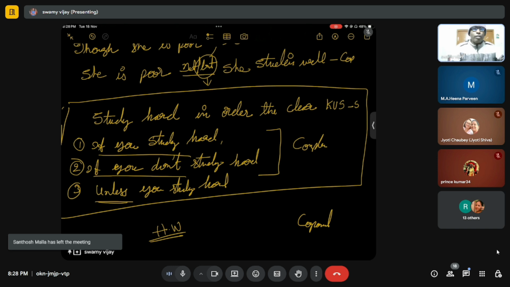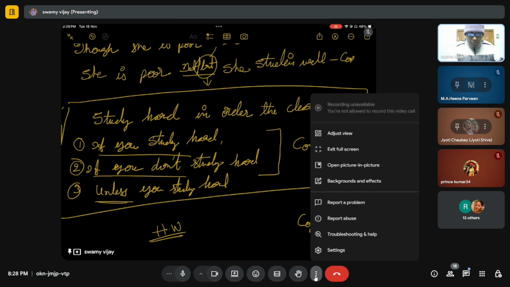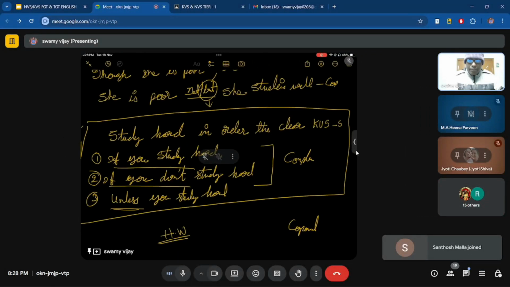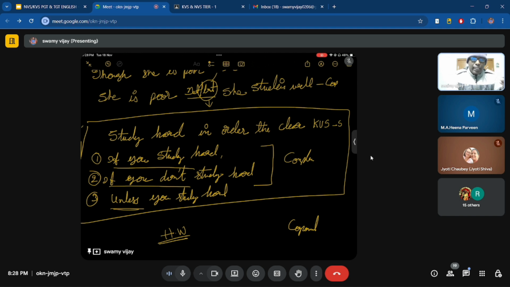So I'll take only 2 minutes to end this session, because I want to tell you the same thing again before I close. All these topics, starting from verbs, tenses, articles, determiners, adjectives, and active and passive voice, simple, complex, compound sentences, degrees of comparison, direct speech, indirect speech, all these basic grammar was already covered in the previous batches.